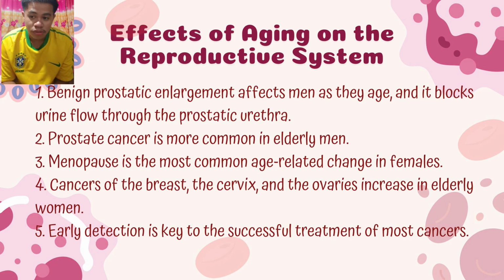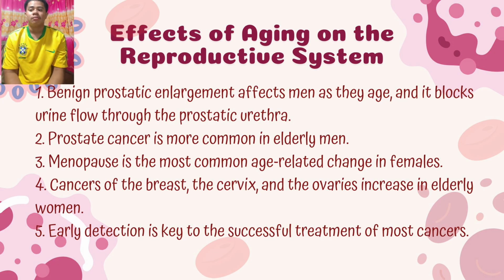Menopause, the most common age-related change in women, results in cessation of menstruation and the end of fertility. And the last one, early detection. Early detection of these cancers is key to successful treatment and better health outcomes.